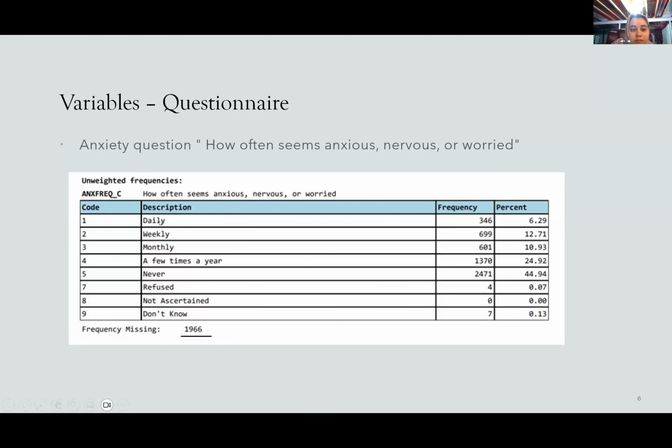The options were daily, weekly, monthly, a few times a year, never, and then refuse, not ascertained, or don't know. Those were then recoded. As you can see here, there were about 2,000 observations that were missing.